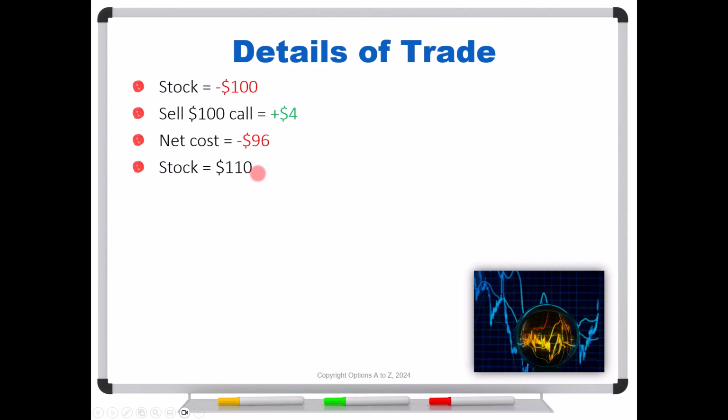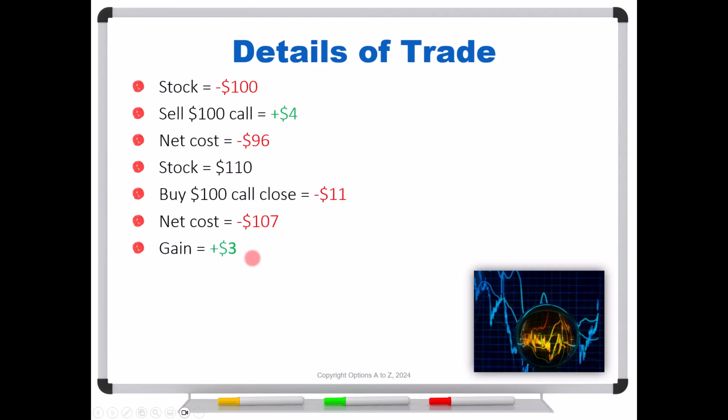Now the stock is 110. If I buy the $100 call to close, I spent 11. So my net cost is now 107, and that's because I've effectively spent 96 plus another 11 bucks. So I'm out $107, but the stock is trading at 110. Hey, it looks like a net gain of 3.